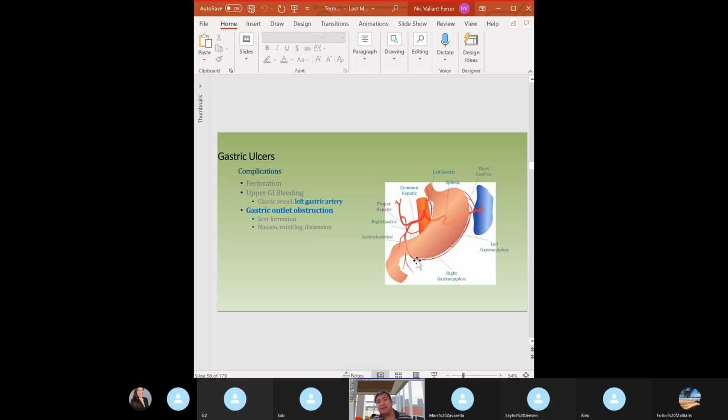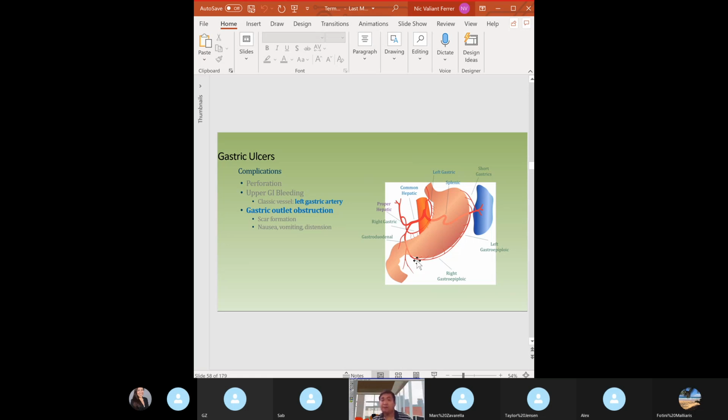How do we delineate anatomically upper GI bleeding from lower GI bleeding? In terms of anatomy, how are we going to delineate upper GI bleeding from lower GI bleeding? What's that ligament that basically divides your GI into upper and lower?